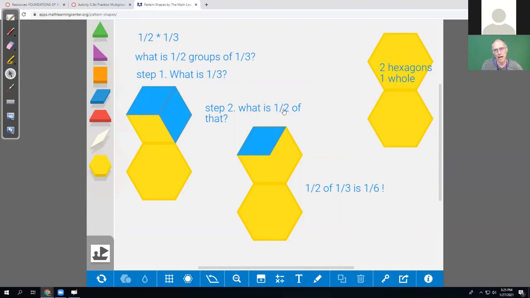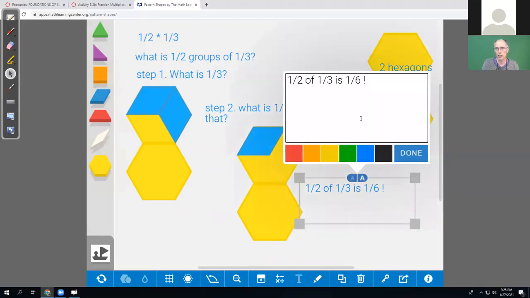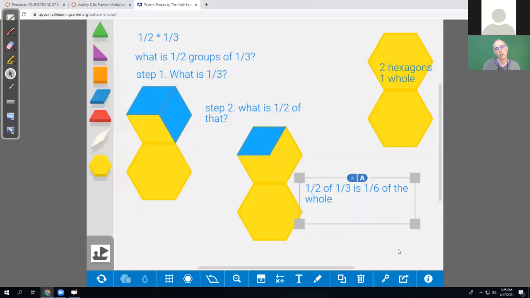Now I can find out what half of that is. Well, that's half of it right there. And what part of a whole is that? Well, that 1/2 of a 1/3 is 1/6. Maybe I could be a little more clear there and say is 1/6 of. Questions on that example?